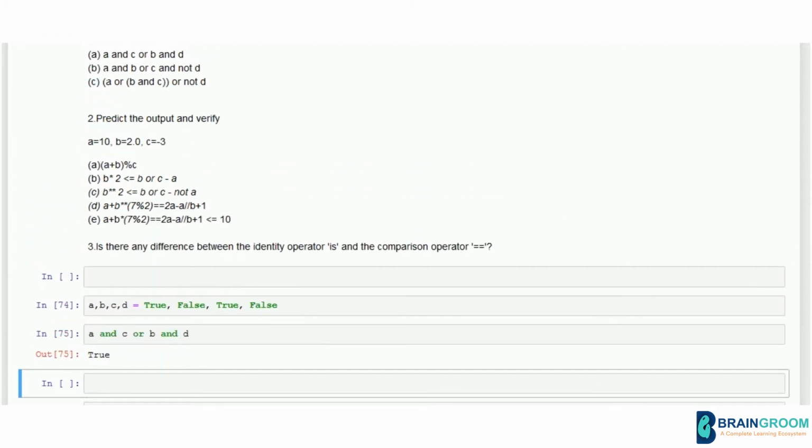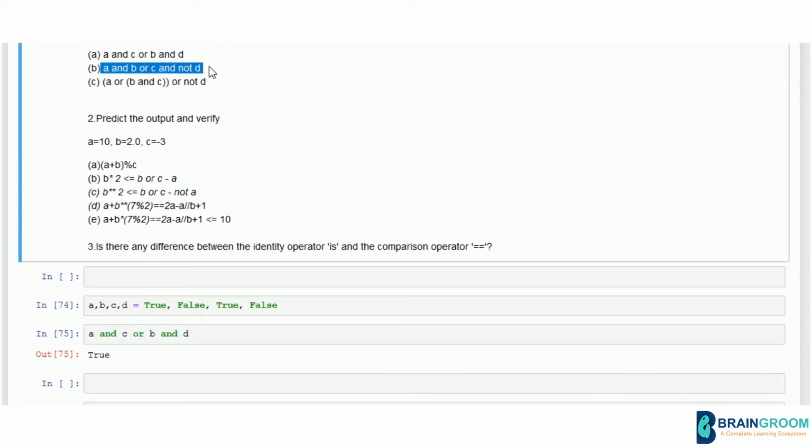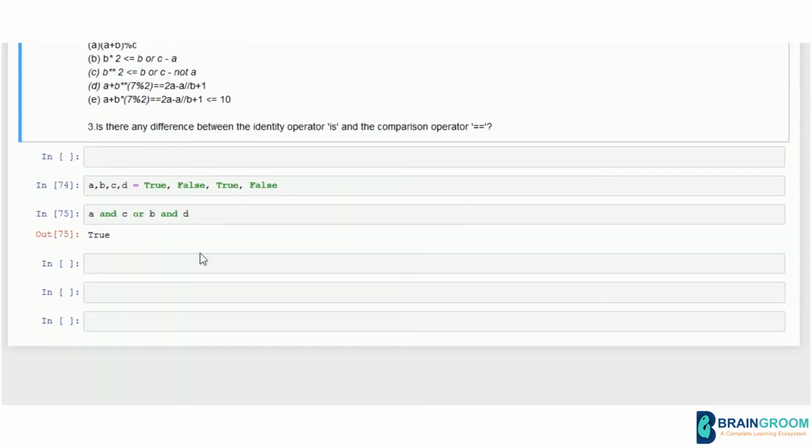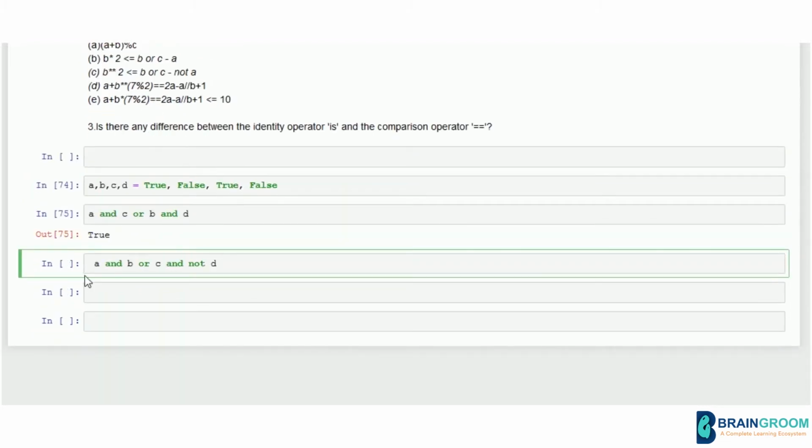Let's go to the second case. A and B, or C and not D. Again, we don't have any brackets, we only have AND, OR and NOT. So first AND is executed, as in, first A and B. A is True and B is False. True and False is False. Then we have another AND over here.